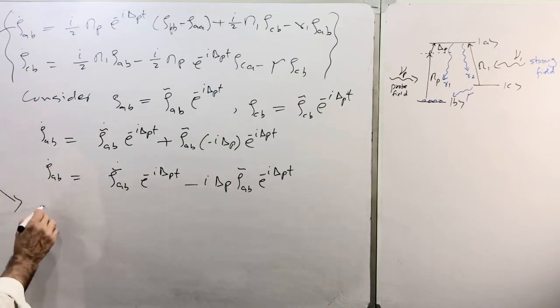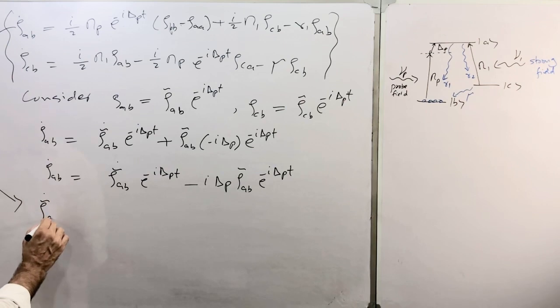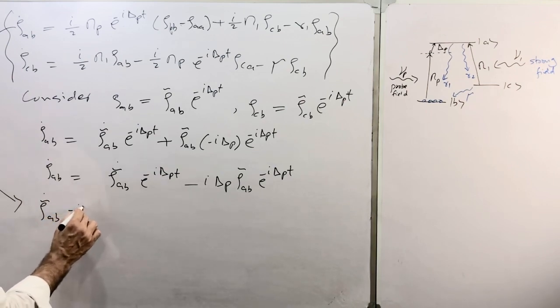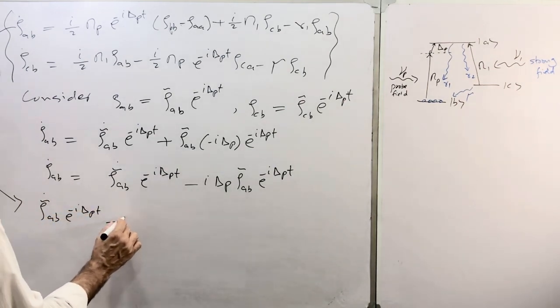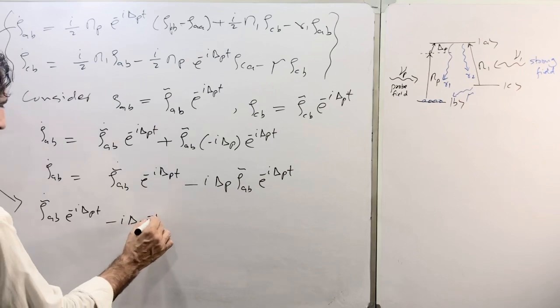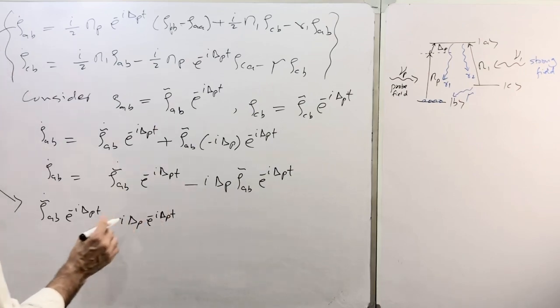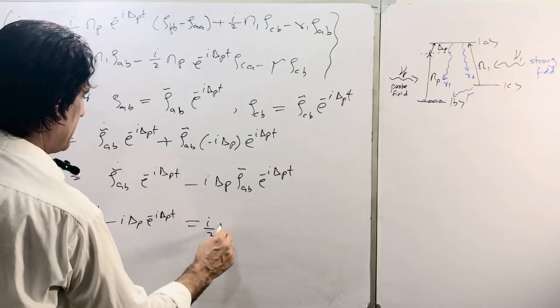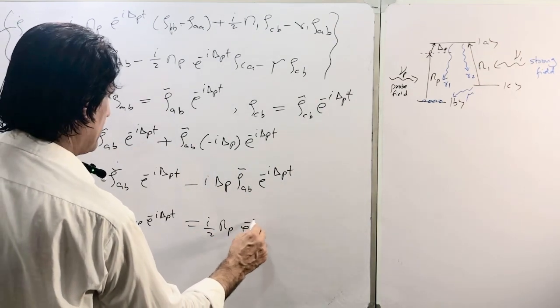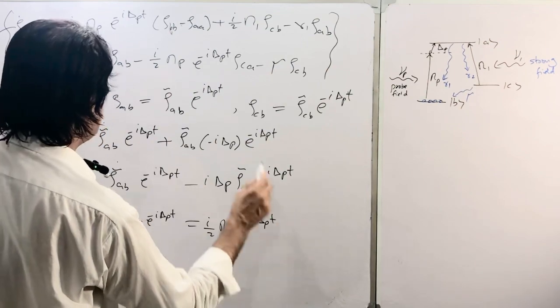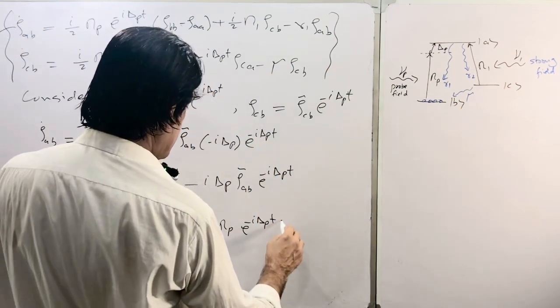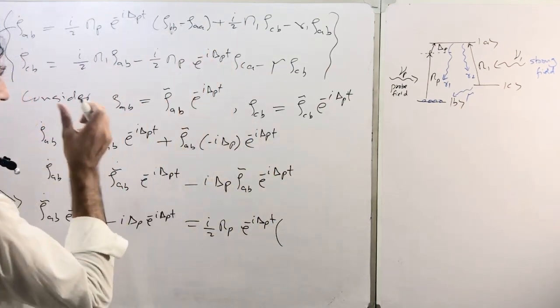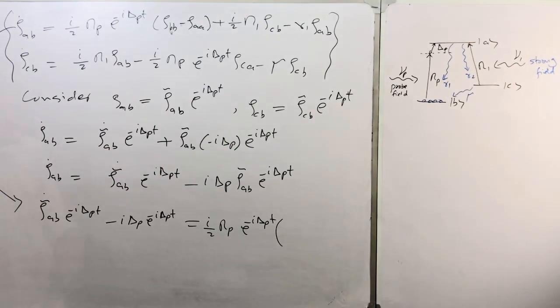So from this equation, this is equal to rho AB dot e to the power minus iota delta pt minus iota delta p e to the power minus iota delta pt, and then iota divided by 2 omega p e to the power minus iota delta pt, and rho BB as it is.